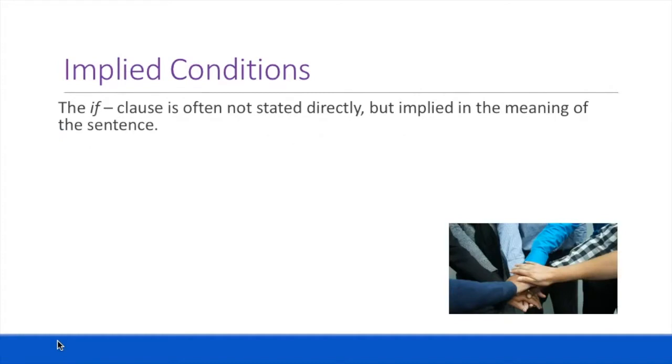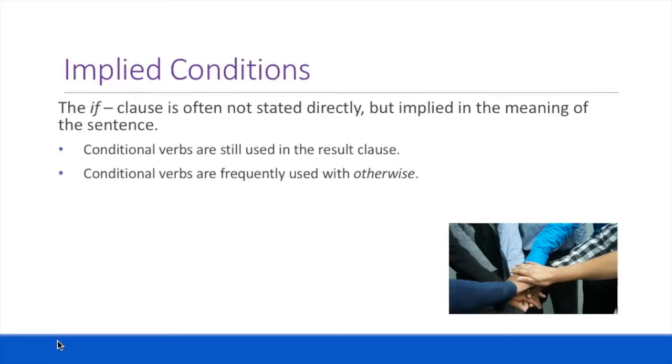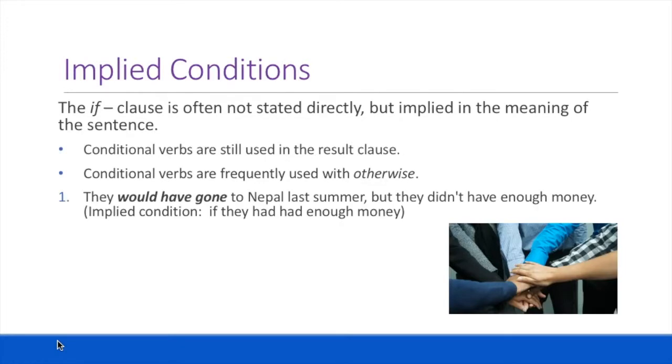The if clause is often not stated directly, but it is implied in the meaning of the sentence. So conditional verbs are still used in the result clause, and conditional verbs are frequently used with otherwise. They would have gone to Nepal last summer, but they didn't have enough money.